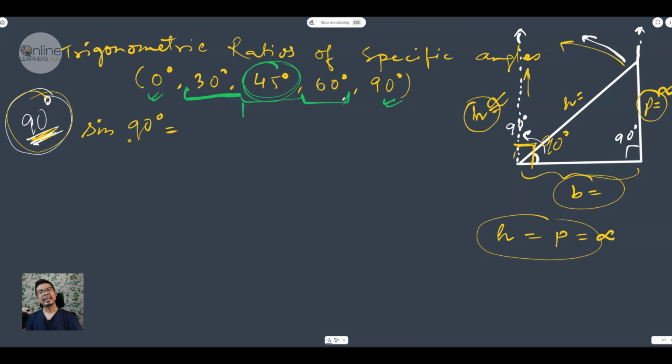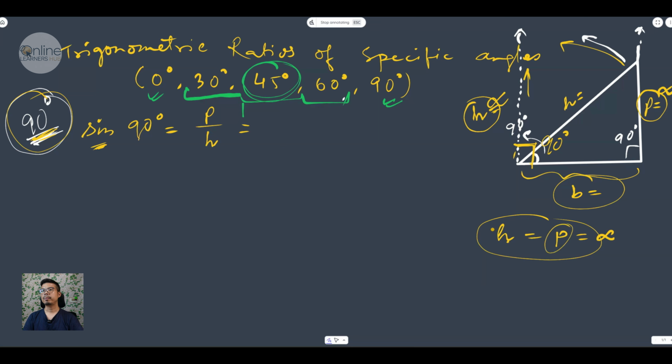So let's find sine 90. What is sine 90? Some said it is sin. It is not sin. Okay, we call it sine. So sine 90, we know the sentence, right? Some people have P by H. Now what is P by H here?